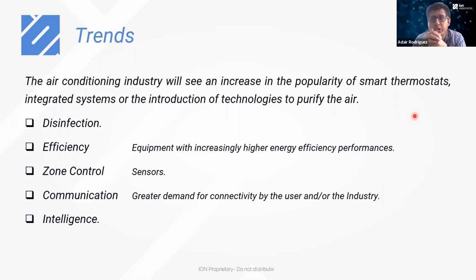When we talk about trends in electronics, we will find disinfection systems and efficiency, not only for the PSUs but also for motor control. Talking about the sensors, these can be used for some controls, and this is all related to communication and intelligence, providing more intelligence to the systems so they can connect with each other and identify trends in how users use these systems.